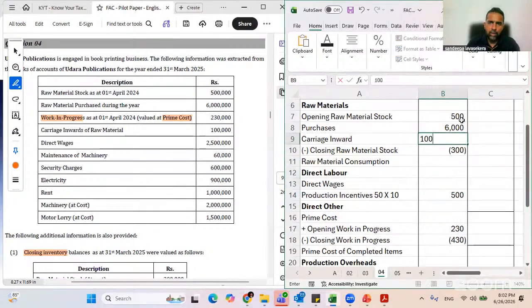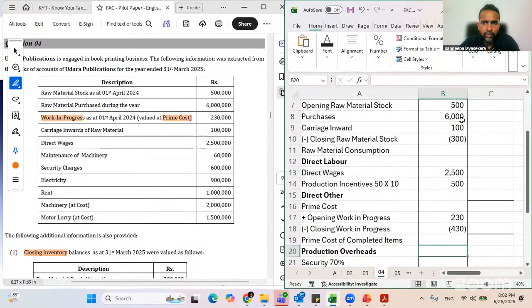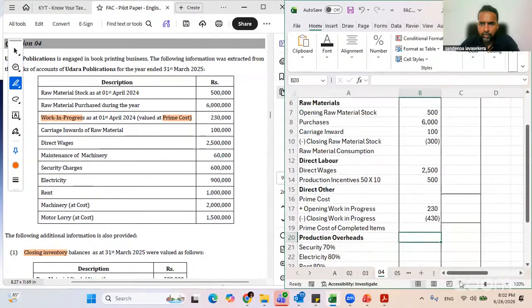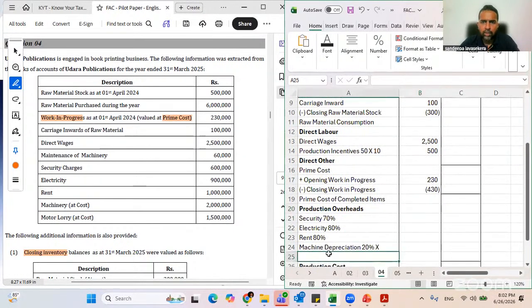Carriage inward 100. Direct wages 2,500. Machine maintenance 60. Security 600.